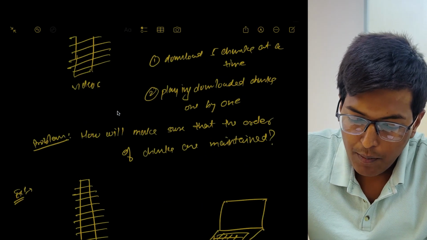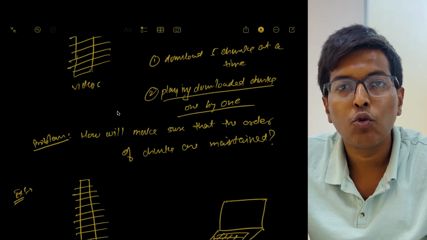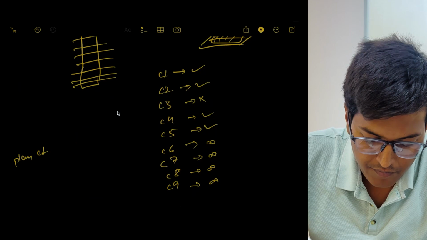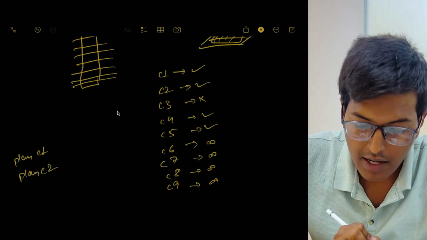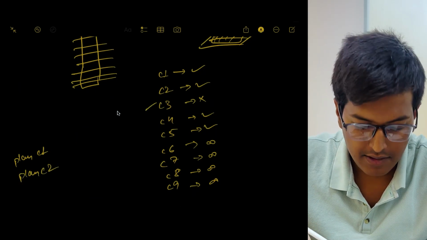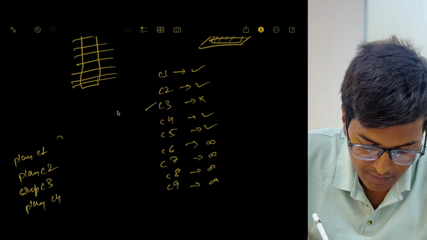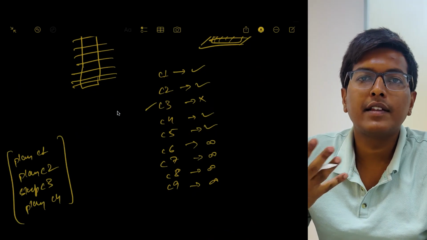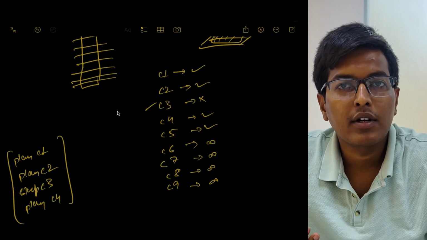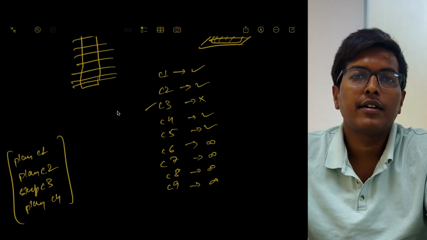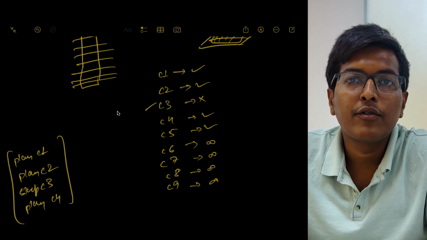Since you said that you will start playing downloaded chunks one by one, you will play chunk 1, then you will play chunk 2, and then you will skip chunk 3 and directly play chunk 4. You tell me whether this is the right thing in a recorded video or not. Can you skip some chunks of video when you are playing a recorded video?